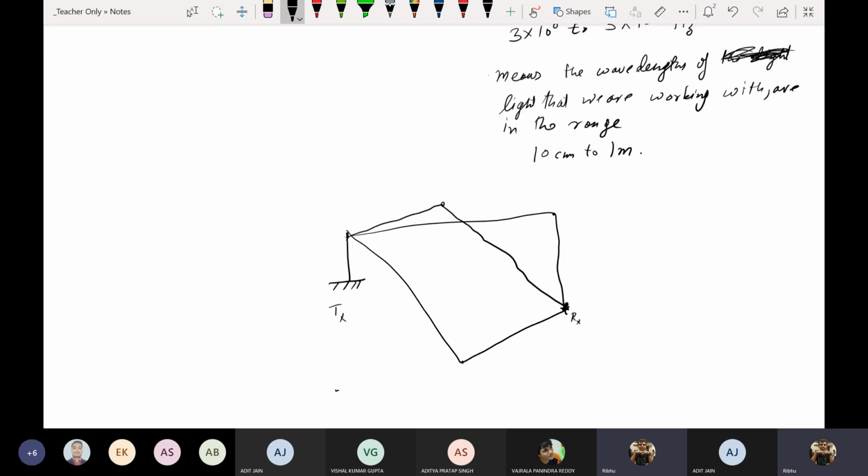Of course, this is a simplistic depiction. Everything will face multiple reflections and scattering, but there are multiple indirect paths to the destination, right?